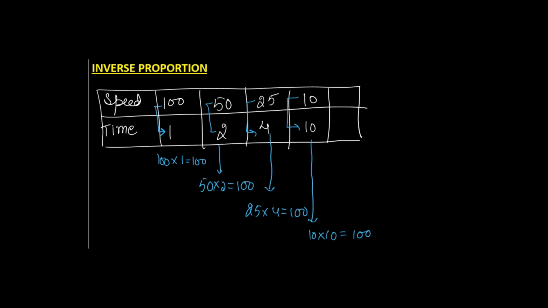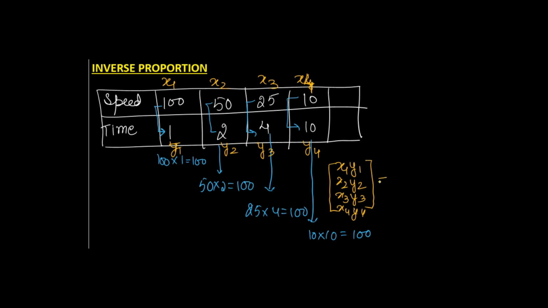So if the instances of speed are say x1, x2, x3 and x4, and the corresponding instances of the time are say y1, y2, y3 and y4, then we see that x1 into y1, x2 into y2, x3 into y3 and x4 into y4, all of these four products are equal to a constant value k. In our case, that constant value is 100.